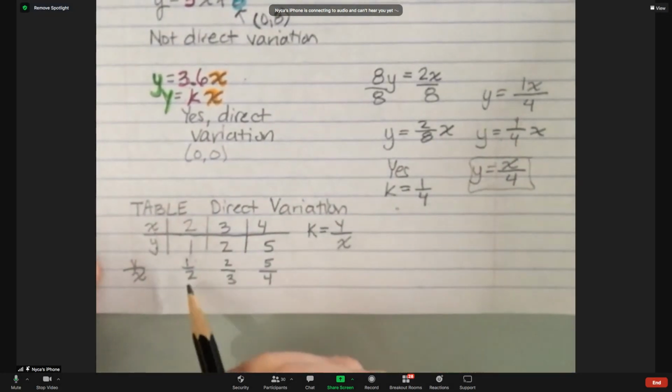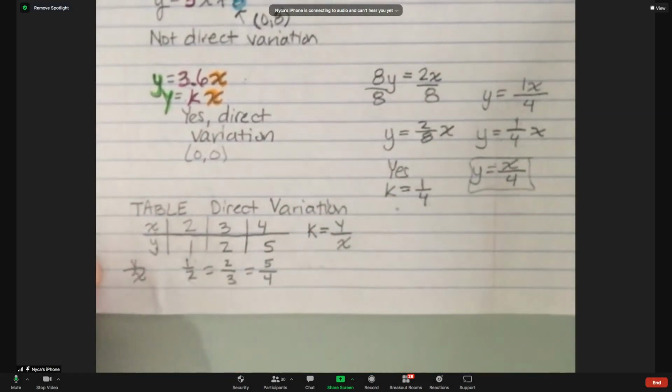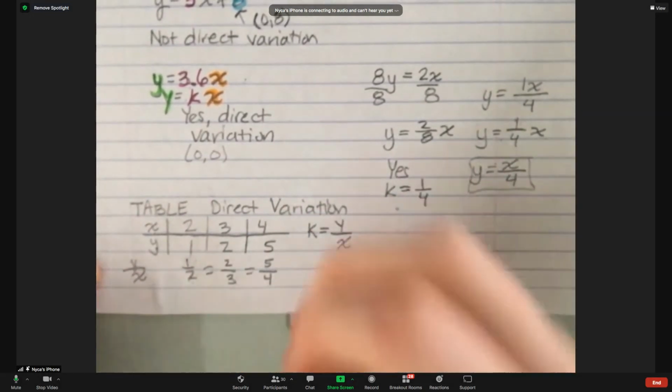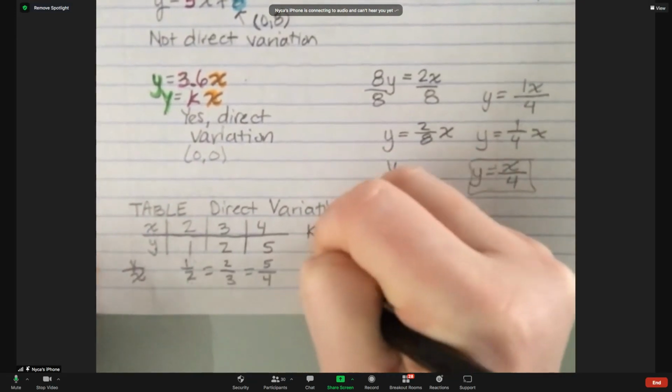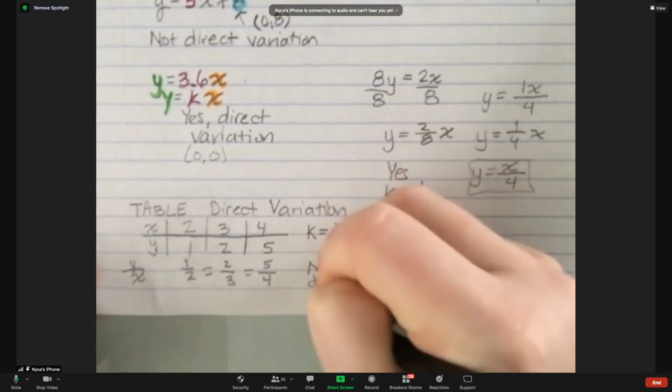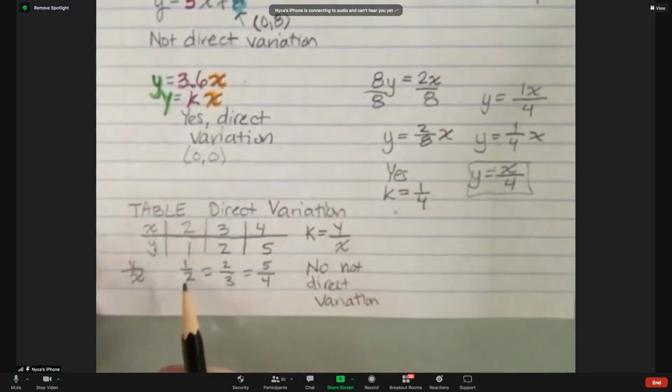All right, this is already relatively prime. Are they equal to each other? Are they constant? The same number? No. So no, not direct variation. If it was in direct variation, you would have seen 1/2, 1/2, 1/2.